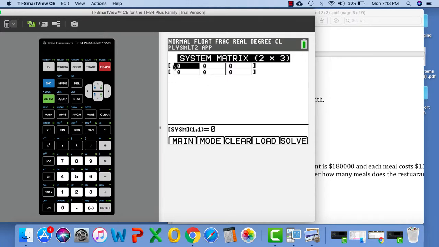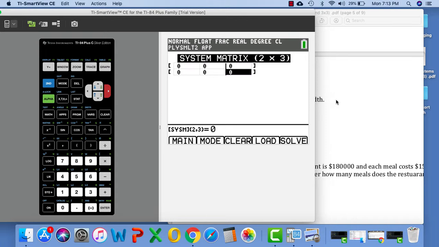So this would be the coefficient for my x. Then if I scroll over, that would be the coefficient for my y, and then this would be my constant of the first equation. And then when I scroll down, the first square in the second row would be the coefficient of x, then the coefficient of y, and then my constant.